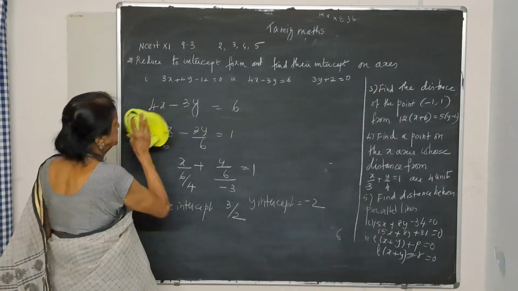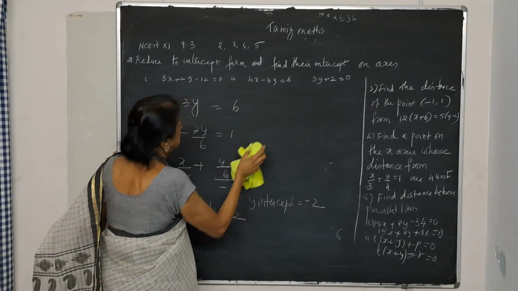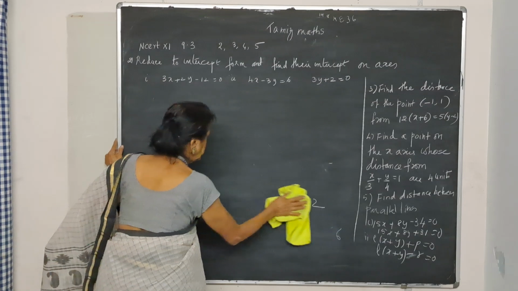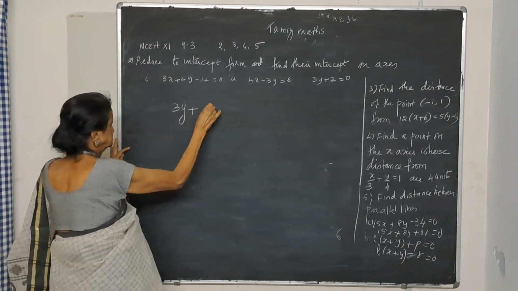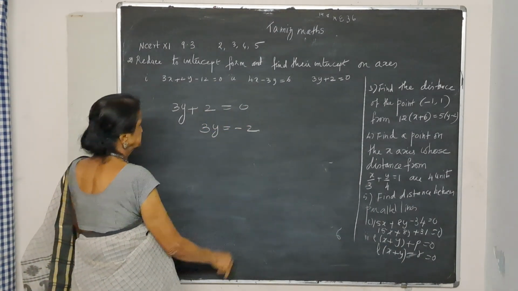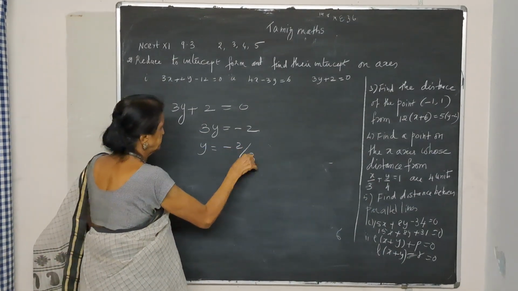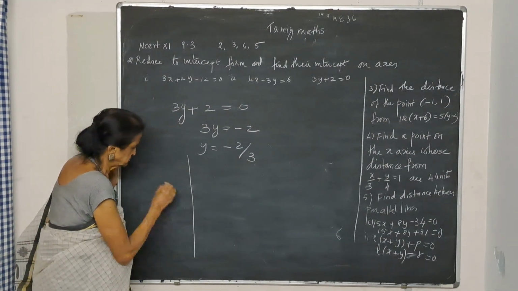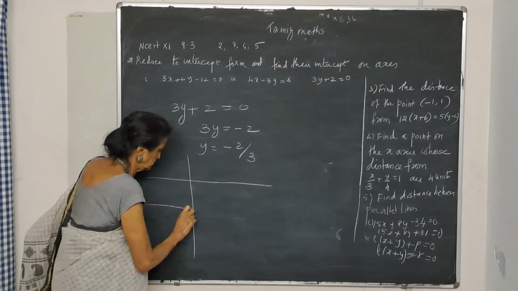Now we go to the next one. Subdivision 1 over, subdivision 2 over, and there is another subdivision, the third one. 3y plus 2 is equal to 0. Y is equal to minus 2 by 3. So draw this line. Minus 2 by 3 will be down.